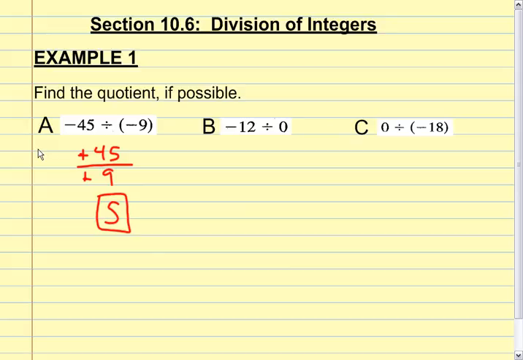I'm going to write this as a fraction. 0 over negative 18. Okay. What should my sign be? Just looking at the two numbers, what should my sign be? Pace? Negative. It should be negative. But what is 0 over 18? 0. Thank you, Harry.